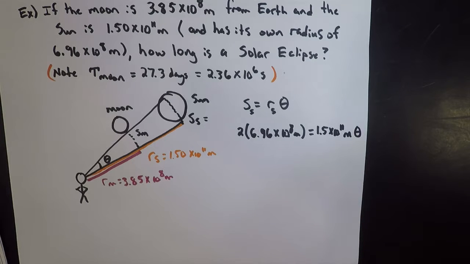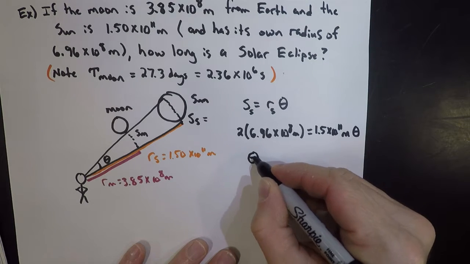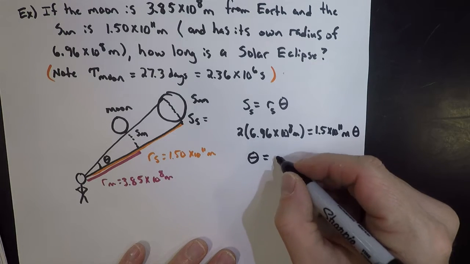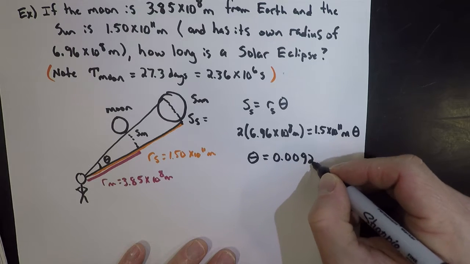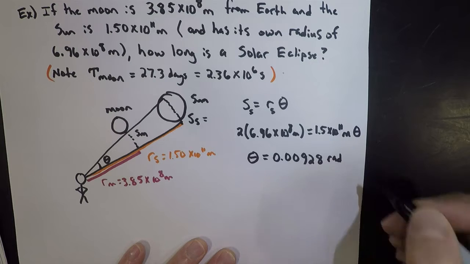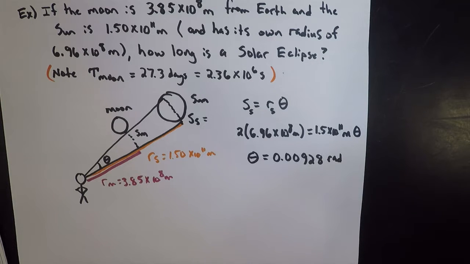And so then that leaves me with theta. We can figure out what angle the moon is going to have to move through in order to make this eclipse. And it's actually a really small angle. The calculator says 0.00928 radians.